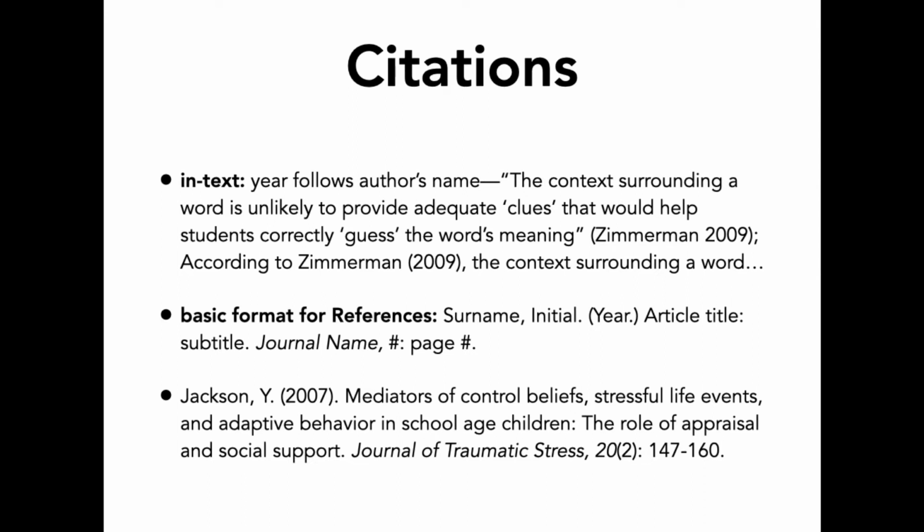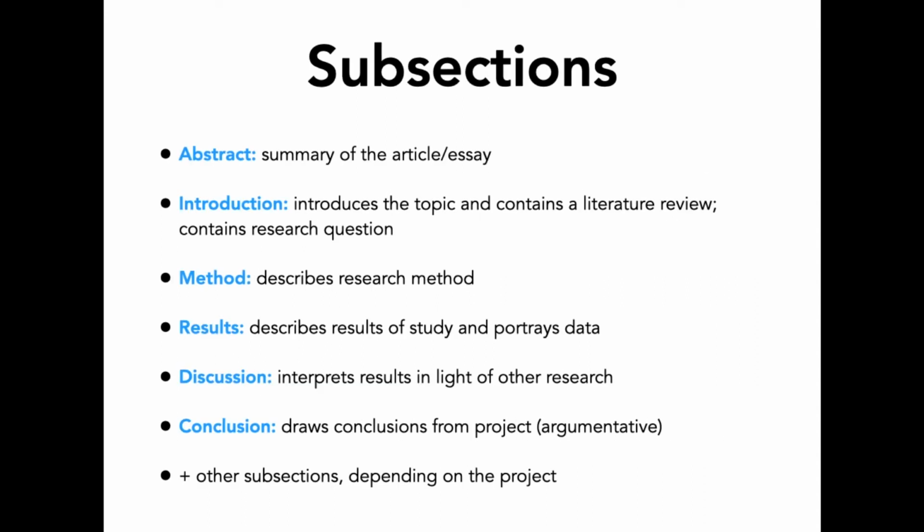So there's an example on the bottom of all of that information plugged in and set up as an APA style citation. These are the subsections that you'll see and use in APA style papers, and you'll also see these in journal articles. There are more subsections than these depending on how long the article is, but this is the basic format of an APA style paper or journal article.